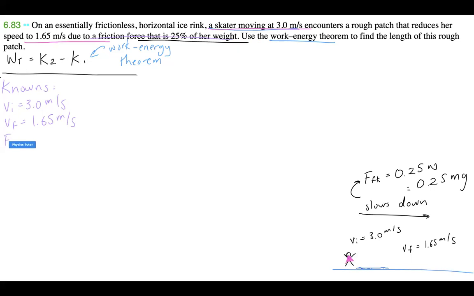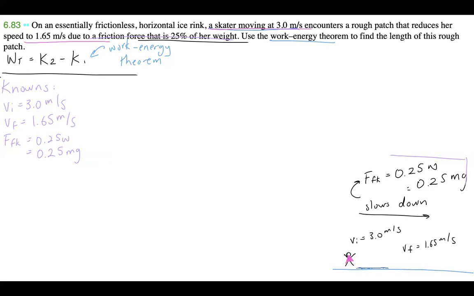So force of friction is equal to, as we said right over here, 0.25 W or 0.25 mg, right? And yeah, that's all the information we have.